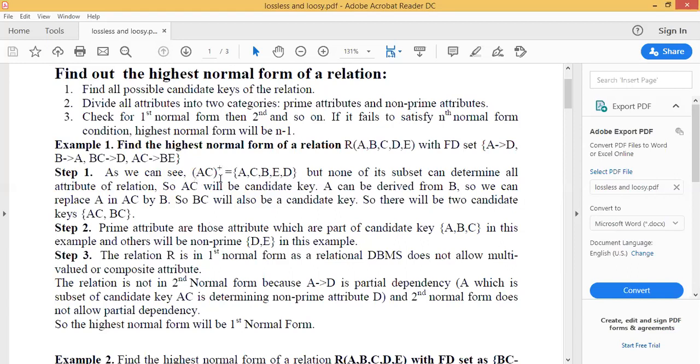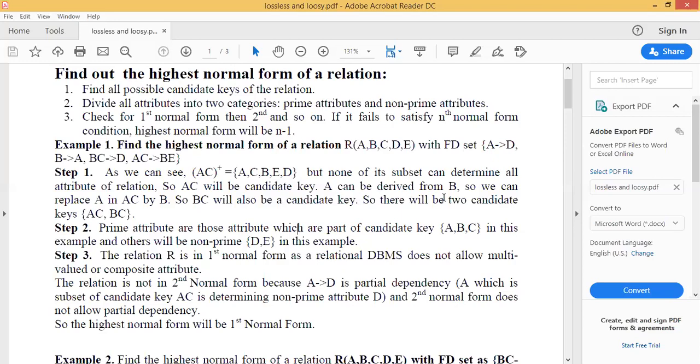So here we find out the attribute closure of AC, which holds A, C, B, E, D. But none of its subsets can determine all attributes of the relation. So AC will be the candidate key.